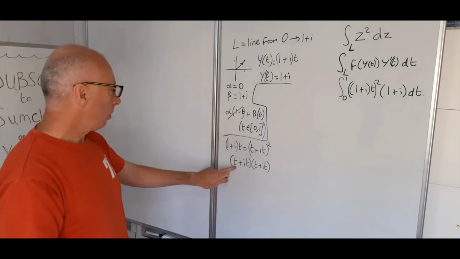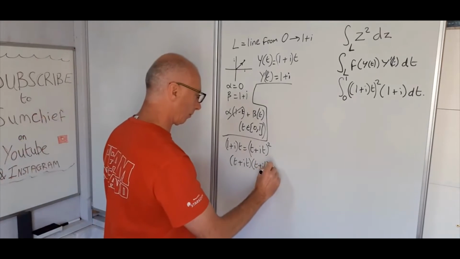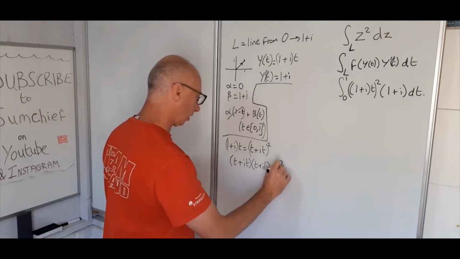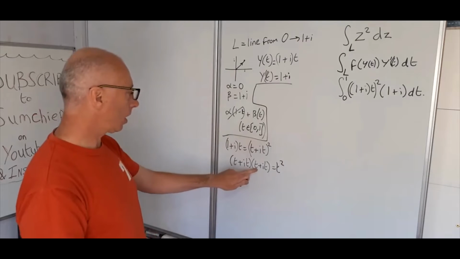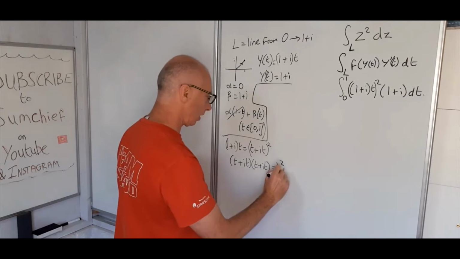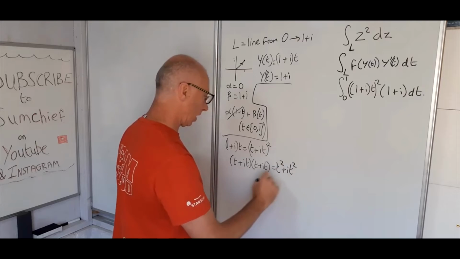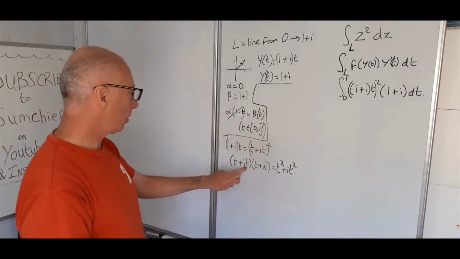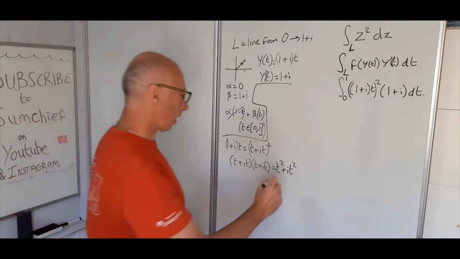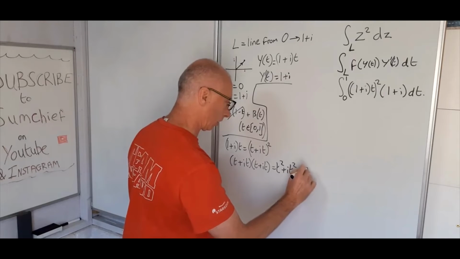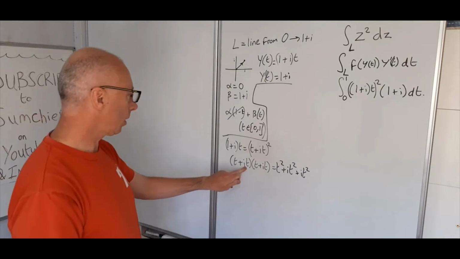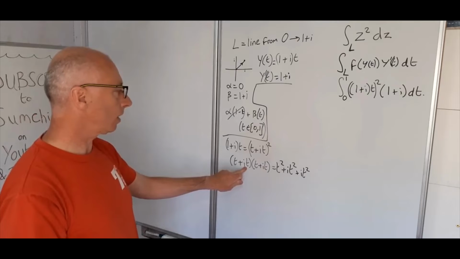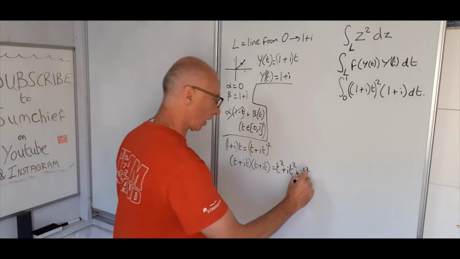So square that out, we'll have a t squared. i t times t will give us i t squared. i t times this t will give us i t squared. And then i t times i t gives us i squared t squared, which will be minus t squared.